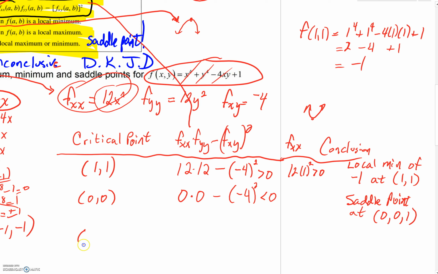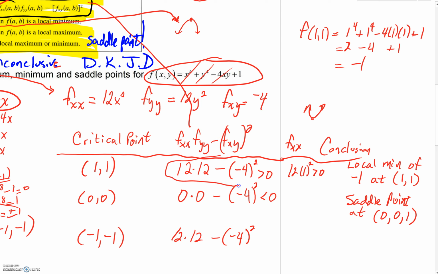To wrap this up, now we plug in negative 1, negative 1. Guys, very importantly, look at f_xx and f_yy here. 12 times negative 1 squared, well, it's still a 12. 12 times negative 1 squared, it's still going to be a 12. And we still have this right here. If you're really paying attention, this is exactly what we had. 144 minus 16.